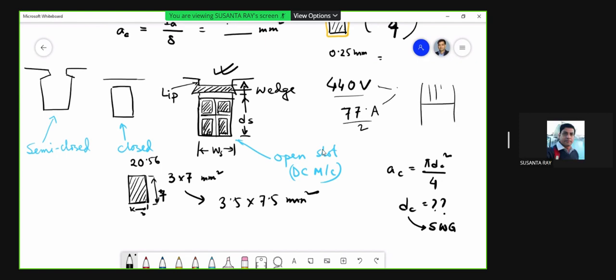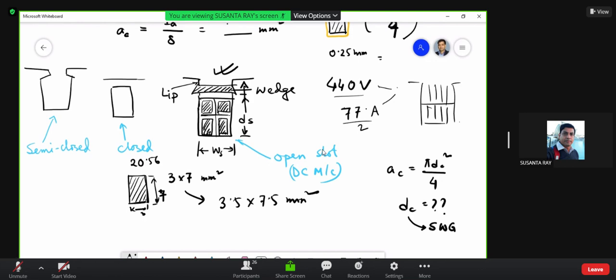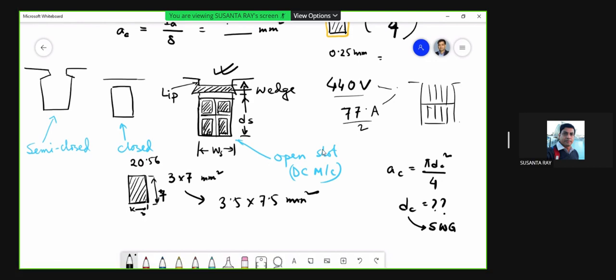The top layer will be 4 and the bottom layer will be 4. Okay, sir. So you will have 2 layers only. It is like a double storey building, so there will be 4 rooms in the ground floor and 4 rooms in the first floor.